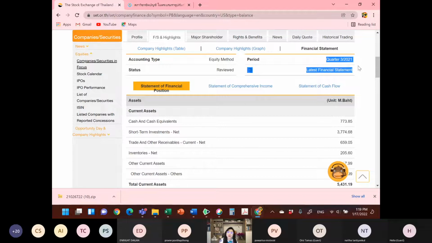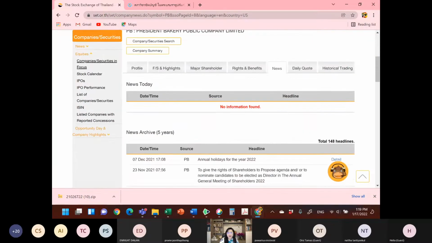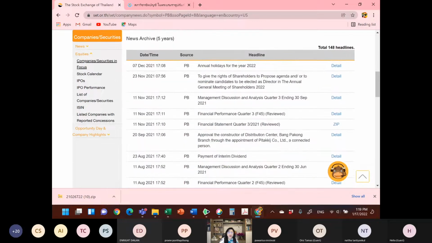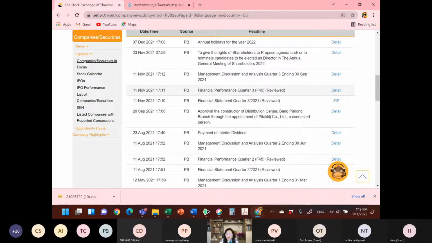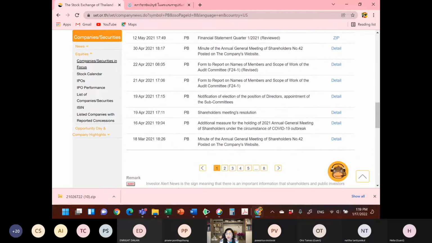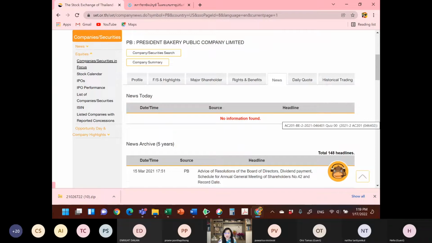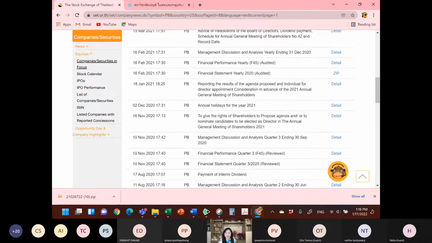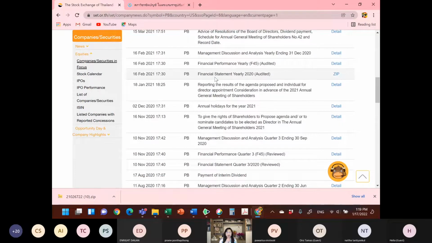Now, if you want to see past period financial statements, then you have to go through the news. Usually the stock exchange maintains the news archive for 5 years back. So if you want to search for information on this company, you can look back into this news, and what I want to find is the financial statements for the year 2020. It's over here.